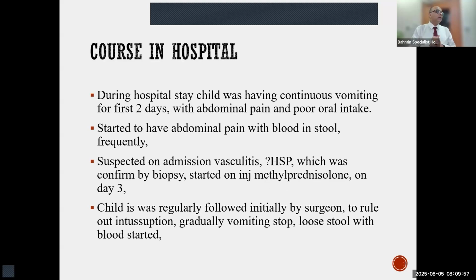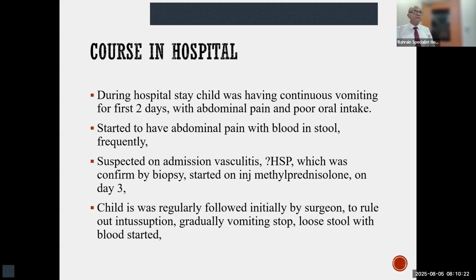During the hospital stay, the child continued to have vomiting in the first 2 days of admission with abdominal pain and poor oral intake. The abdominal pain was paraumbilical, and on day 3 we noticed blood in the stool, with loose watery stool.